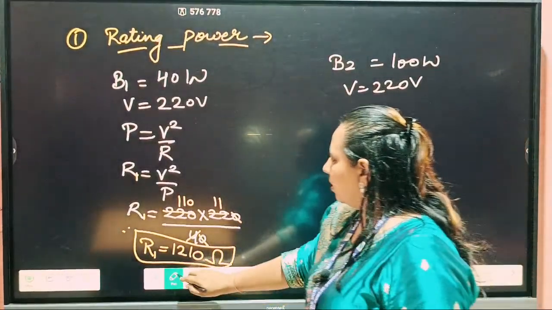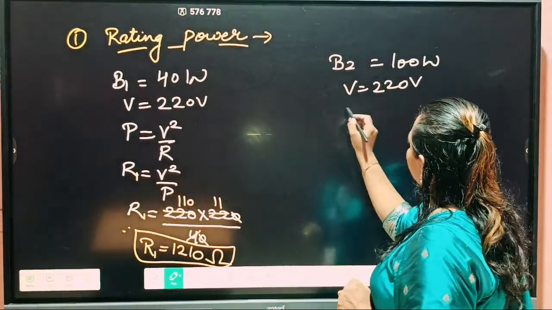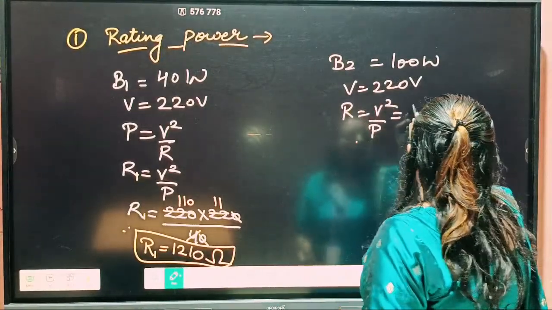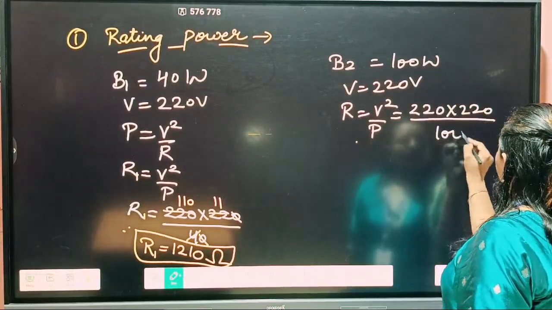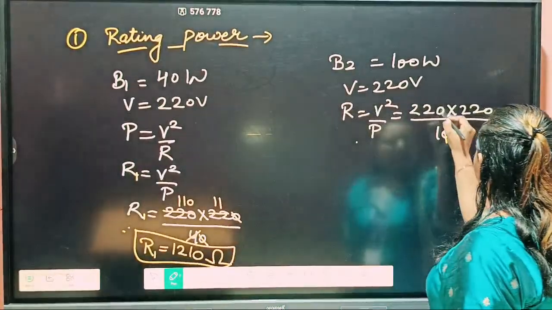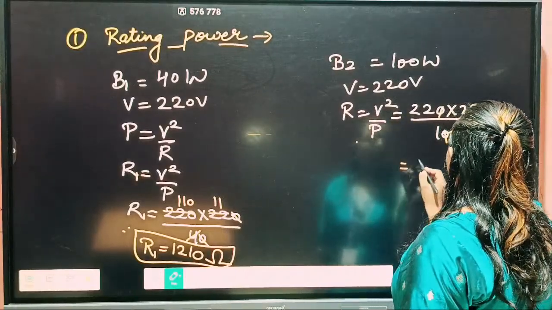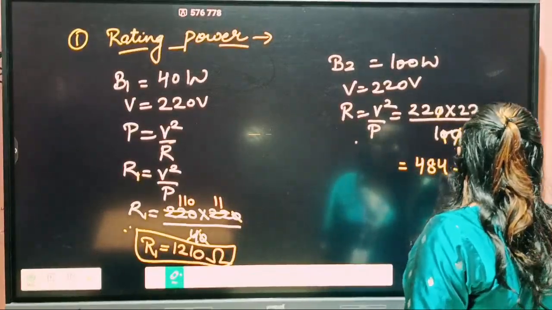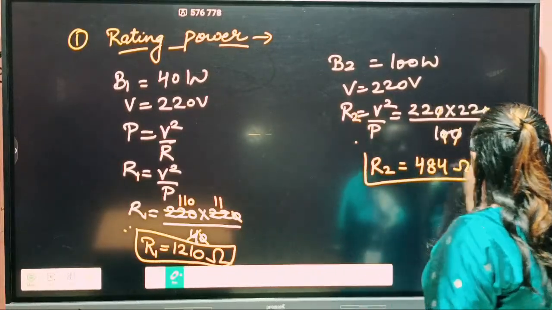Now, in case of 100 watt power, we find the resistance in the similar way. So here resistance is equals to V square upon P. So 220 into 220 upon 100. The zeros are cancelled, and 22 into 22 is 484 ohm. This is R2, right?